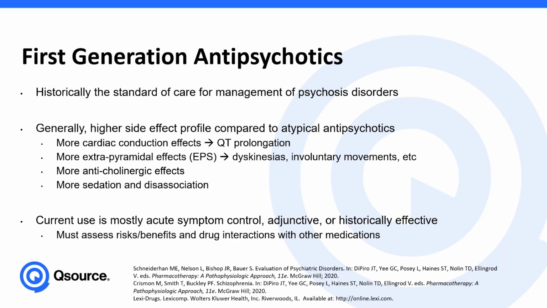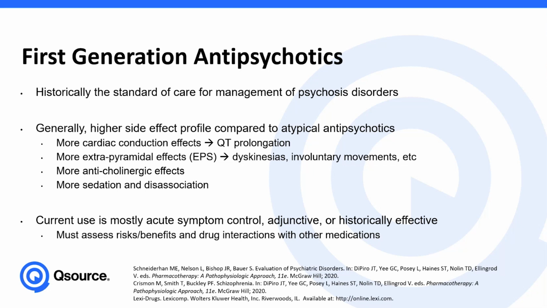They also have a higher incidence of what we call extrapyramidal side effects. These are predominantly dyskinesias, involuntary movements, and things like that. Obviously, we have a higher falls risk in our patient population, so adding on these medications is going to increase the risk of falls, as well as the decrease in quality of life and so forth.